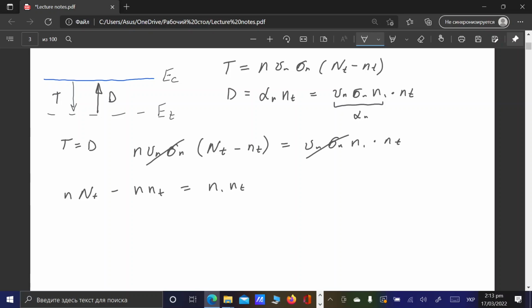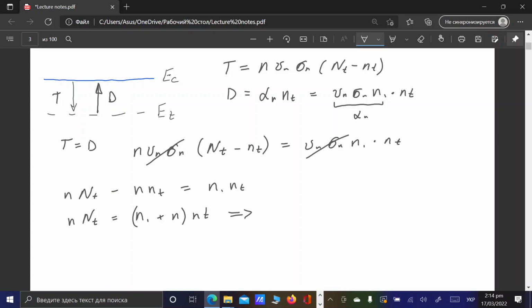So from here we can rearrange and take out from the parenthesis nt, so it will be N times total concentration of defects equal to (N1 plus N) times nt.